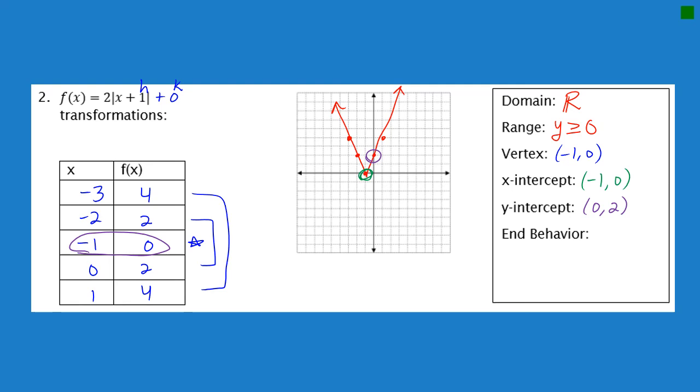Oops, I used the wrong color. That should have been in green. So your x-intercept will always have a y value of 0, and your y-intercept will always have an x value of 0. All right, now end behavior is the last thing. Both of my arrows are pointing up, so both of my y values are going towards +infinity.